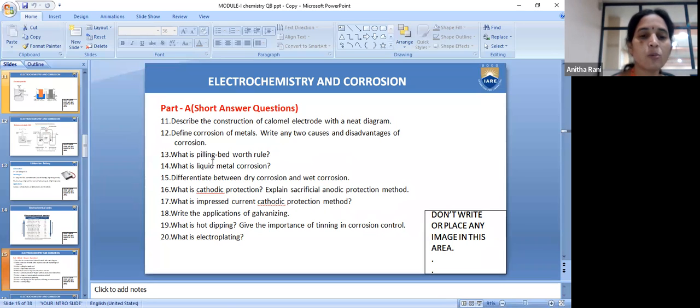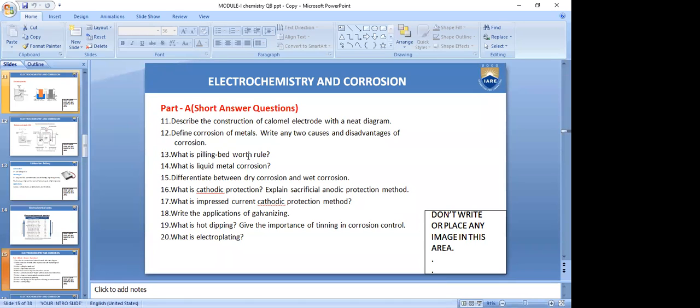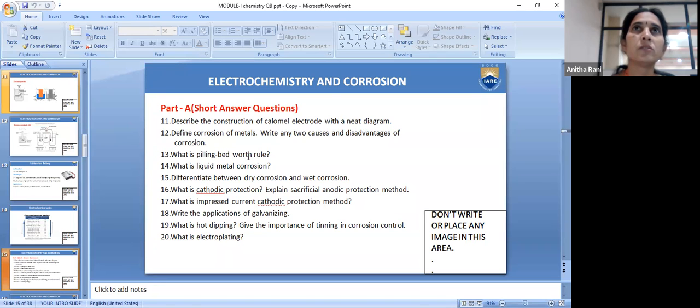Now, what is the Pilling Bedworth rule? The scientist explained the porous and non-porous layer on the surface of metals.